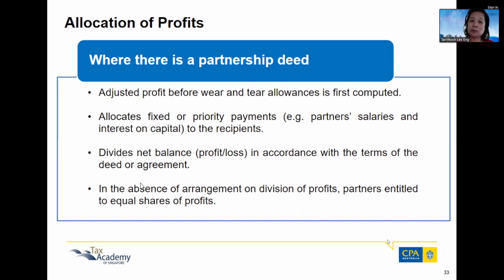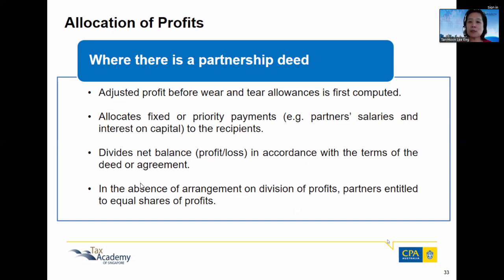Adjusted profit means we have to add back disallowable expenses, and then we derive the adjusted profit, because in the P&L any expenses could be there, but certain expenses are not allowable, which we have gone through. Then we add back, and we come to the adjusted profit. From the adjusted profit, you have to look at what are the fixed payments.